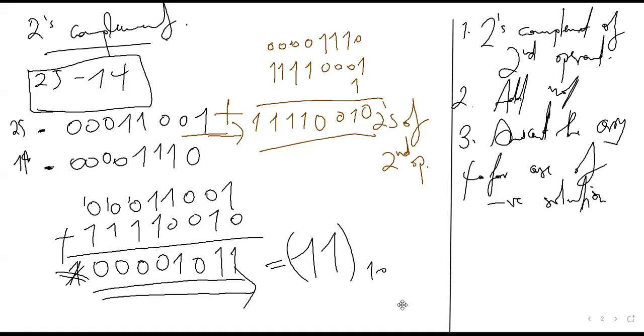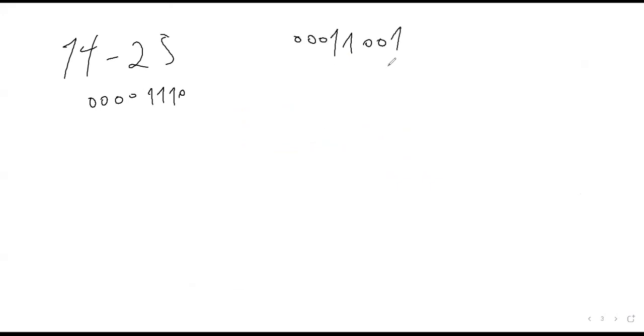Right. To test the theory, we have 14 minus 25. What is 14? 14 is 0, 0, 0, 0, 1, 1, 1, 0. What is 25? 25 is 0, 0, 0, 1, 1, 0, 0, 1.